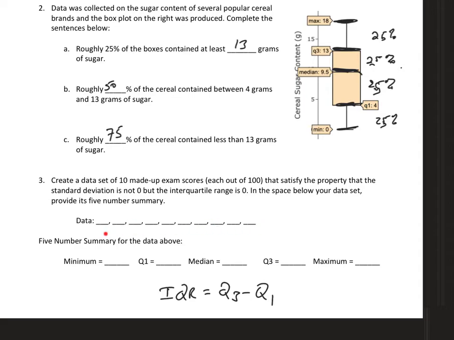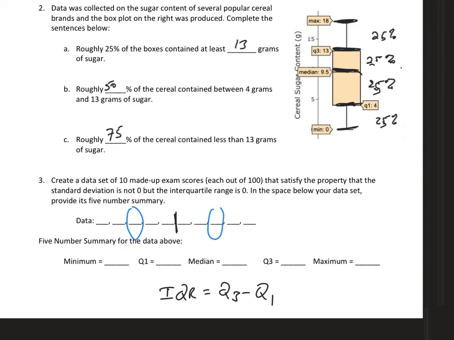If you list these in increasing order, then 1, 2, 3, 4, 5, the median's going to be here between those two values, and the first quartile and third quartile. So as long as I list the data in order, that's where those quartiles have to be.